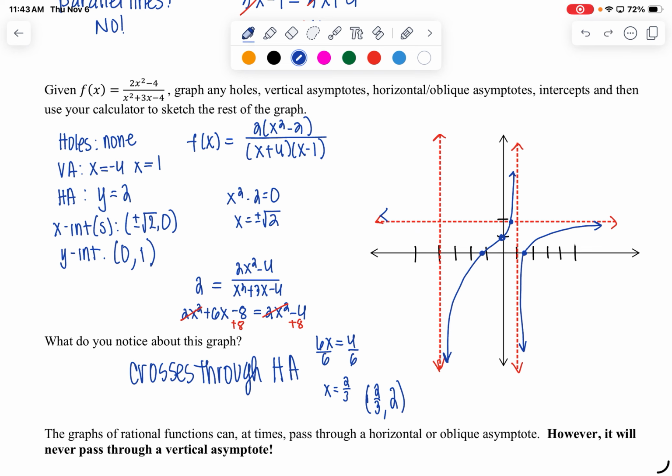So what I'm gonna do is use the multiplicity of the factors that I got my vertical asymptotes from. So my vertical asymptotes came from here, and if you look, their multiplicity is 1 and 1, right? So that means each of my pieces are gonna follow the asymptote in different directions.